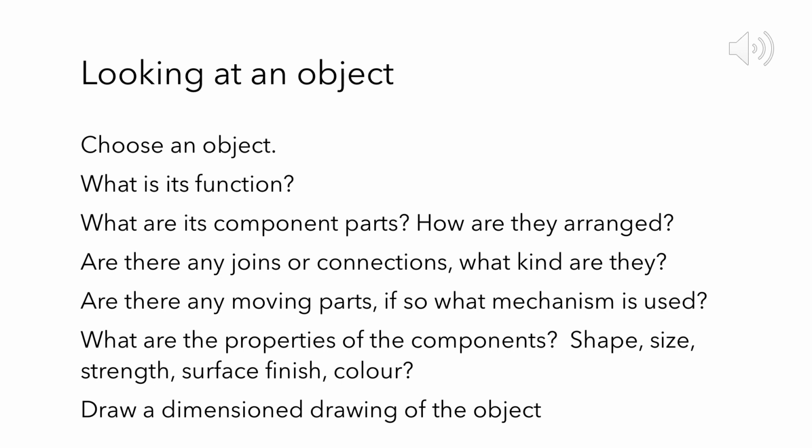Think about what its component parts are and how they are arranged. Are there any joins or connections? And if so, what kind of connections are they? And if there are any moving parts, what kind of mechanisms are used? What are the properties of the components? What shape and size and strength and surface finish and colour do they have?